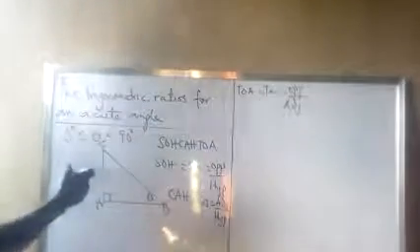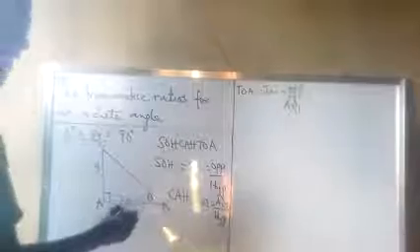And the last one, TOA, stands for tangent, which is opposite over adjacent. Suppose I call this y, and I call this x.